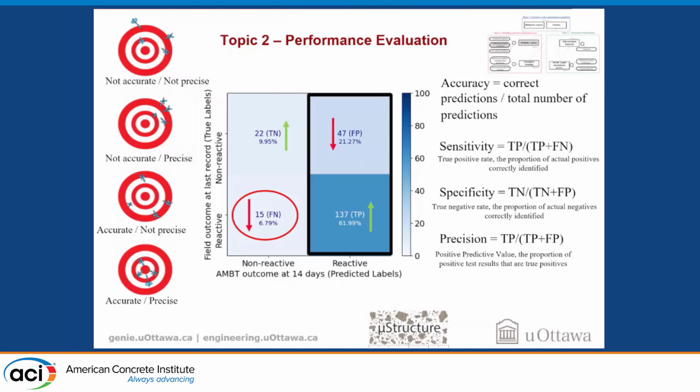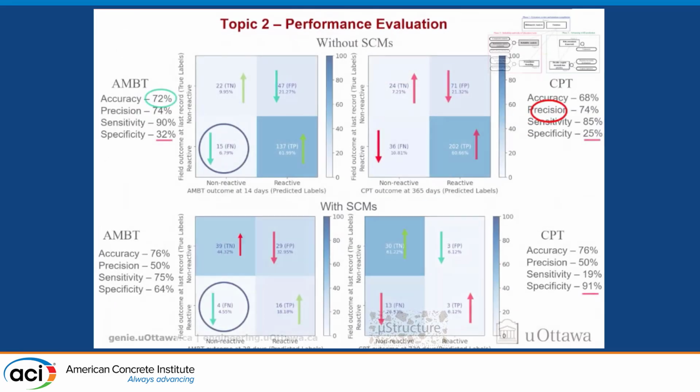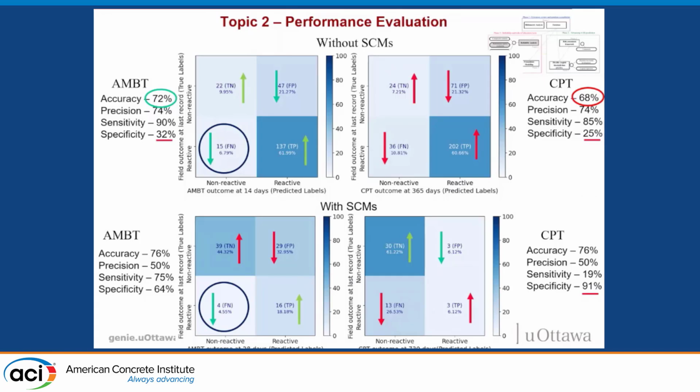Accuracy is whenever you are right at the target and they are close to one another. So we try to come up with those basic numbers to understand, and then open up for the mixes without SCMs and with SCMs. We see that the performance of both of the tests are not great. 25% of everything we test, we get it wrong.